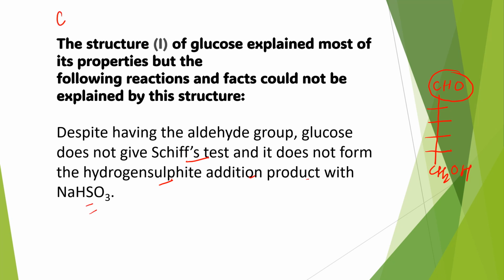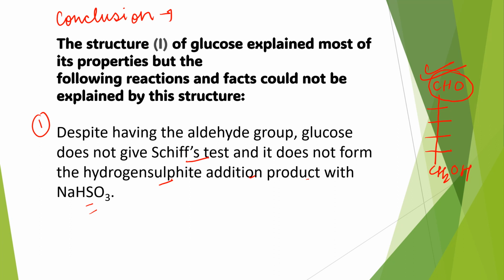This is why this Fischer projection of glucose was rejected. So this was the first reaction: although the aldehyde group was present, it does not show Schiff's test and it does not react with hydrogen sulfite.